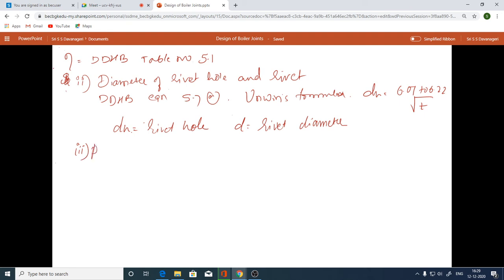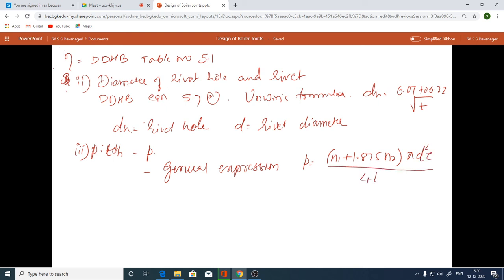Next, after calculation of diameter of rivet hole and rivet, the next step is you need to find out the pitch. This pitch has to be based on 2 criteria. One is using the general expression, that is P equal to N1 plus 1.875 N2 into pi d square into tau divided by 4 T sigma T plus dH.